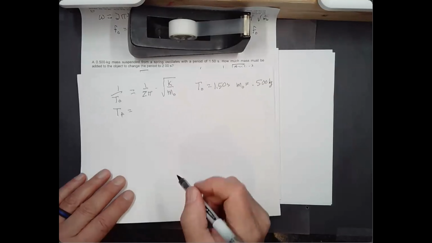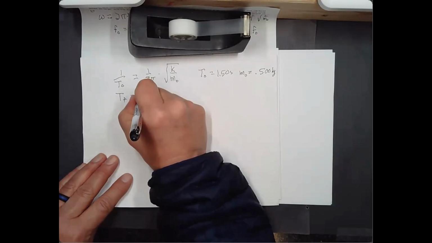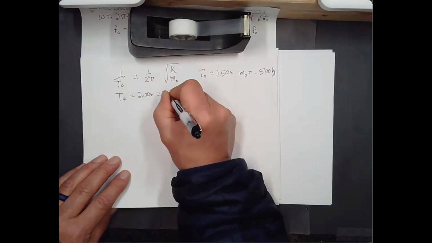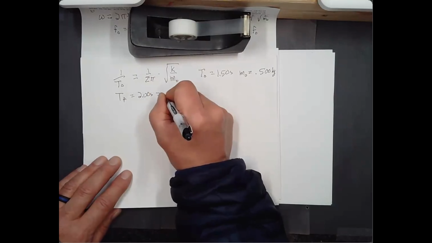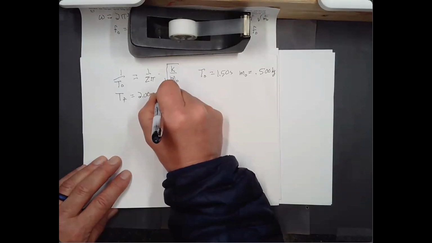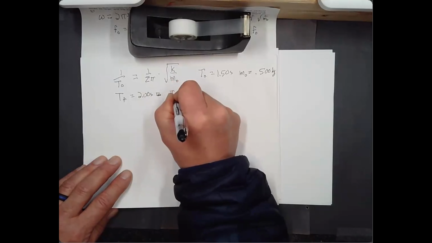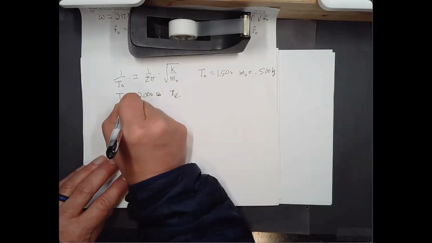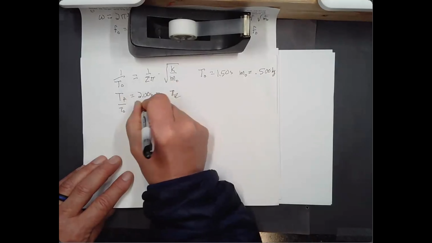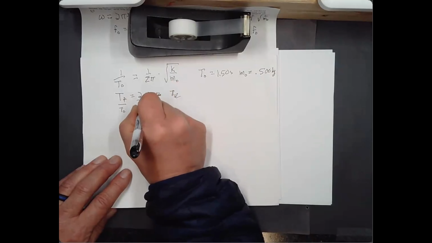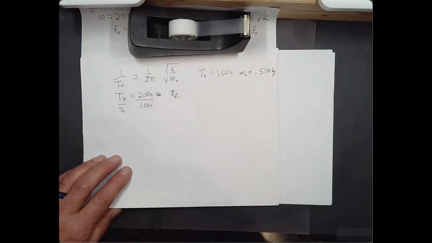In this case, it's going to be 2.00 seconds, which is equal to a multiple of T naught, which was 1.50 seconds. If I divide T final by T naught, I'll be dividing 2.00 seconds by 1.50 seconds.